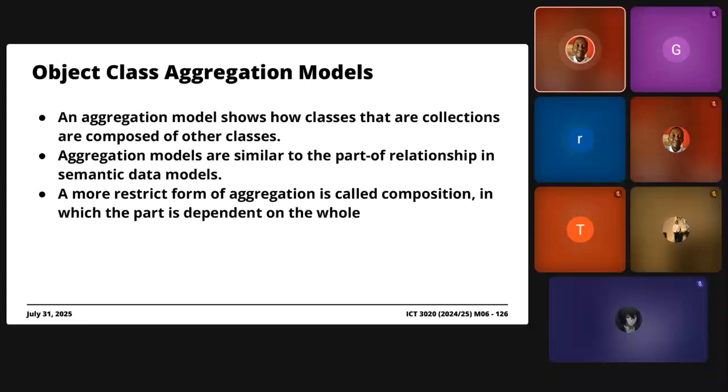The only difference is that aggregation is not as strict as composition. So in essence, what you are modeling when you're taking advantage of aggregation is a has-a relationship. You're still modeling some kind of part-of relationship and ownership of sorts, but it's somewhat weaker, right?